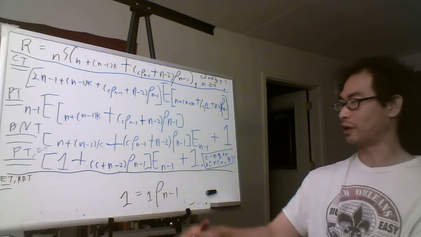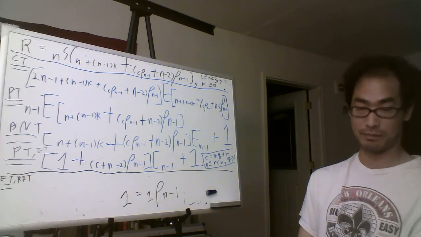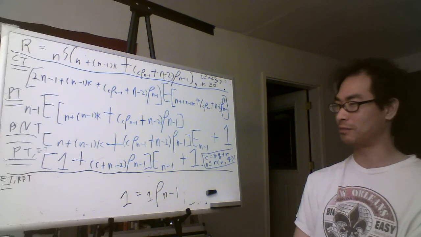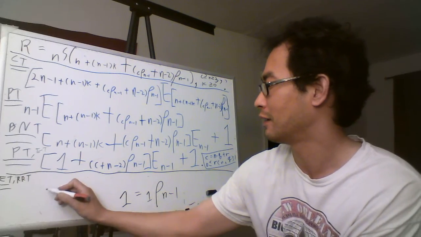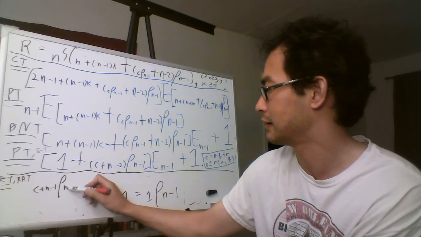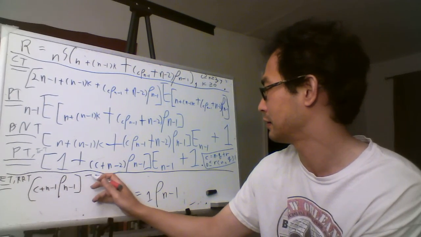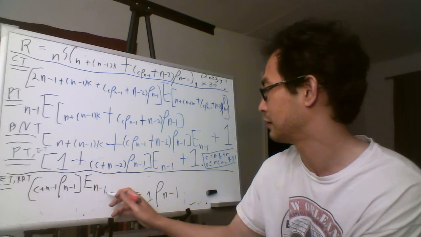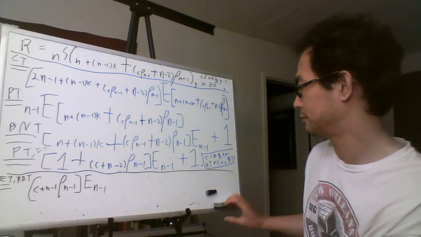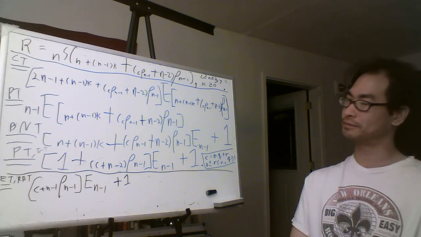The rest you add them: c plus n minus 2 plus 1, which is c plus n minus 1. That's the right hand side.